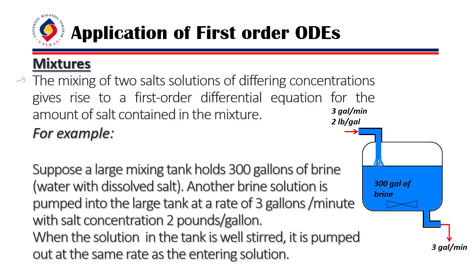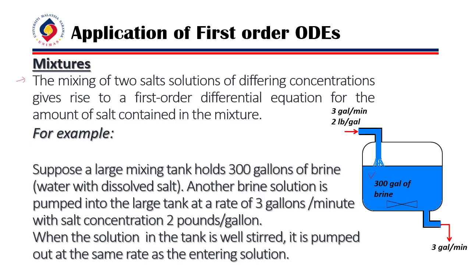In this example, we are considering a large mixing tank that holds 300 gallons of brine. Brine here is water with dissolved salt, so we call it brine. We have a volume of 300 gallons of brine.